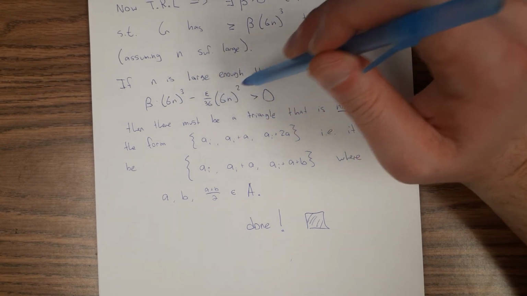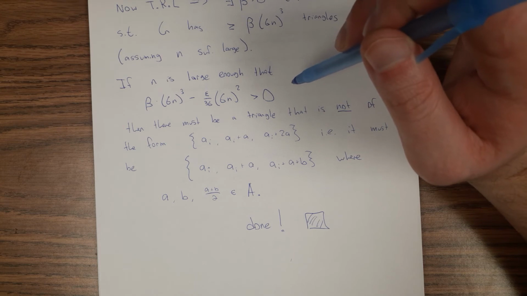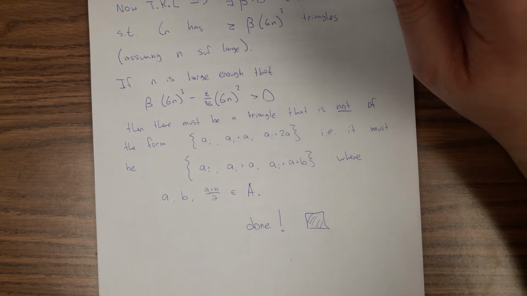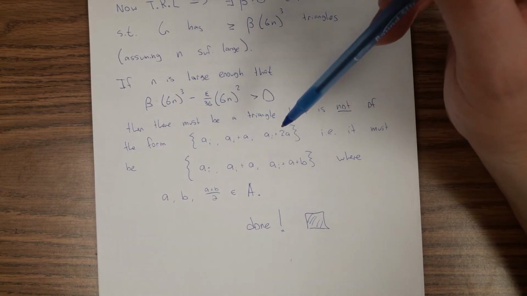If this is greater than 0, then there must be a triangle that is not of that form, right?